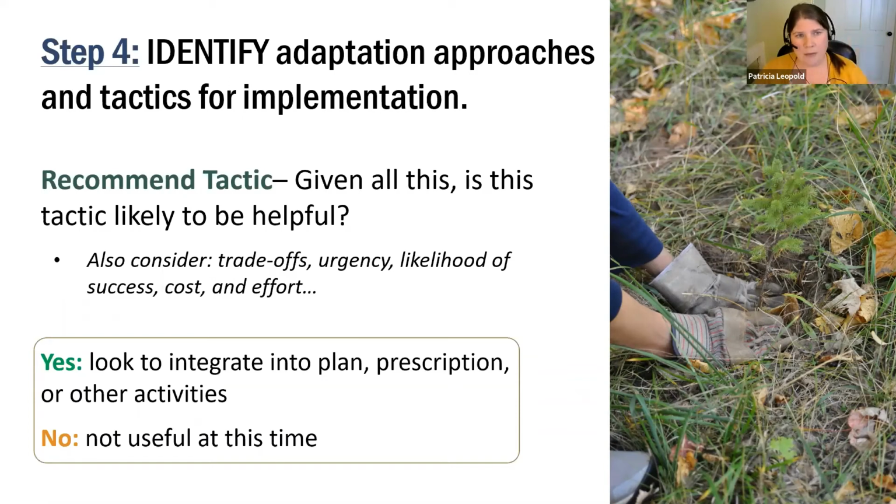And so we want you to create a full list of adaptation tactics and then rate their practicability so that you can, as a final step in step 4, check whether or not you're going to recommend that tactic at this time. And so if you say, yes, I will recommend this tactic, that means you're looking to integrate it directly into your management plan or your prescription or whatever document you use to get things done. And then no, you just check no at this time.